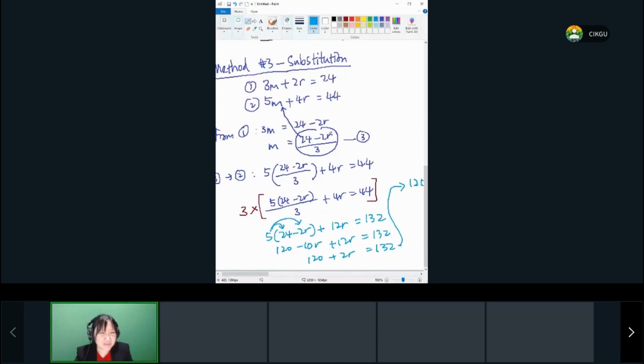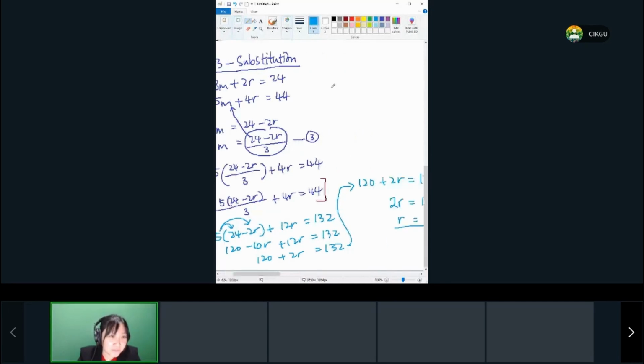Why? Sub R equals to 6 into equation number 3. Equation number 3 says m equals 24 minus 2R, R is 6, over 3. You see the whole thing is numbers already. So pressing calculator, 24 minus 12 is 12, 12 divided by 3 is 4. Done.